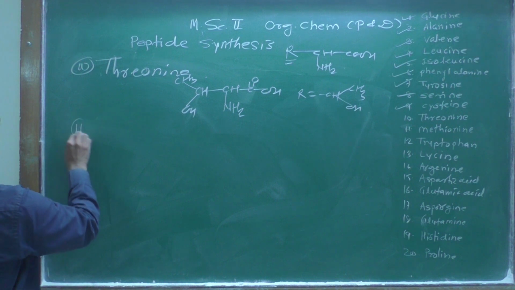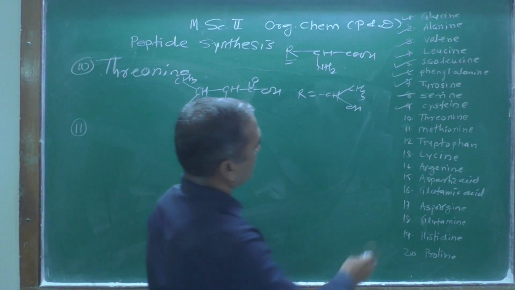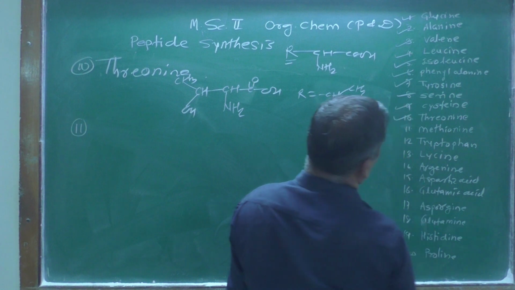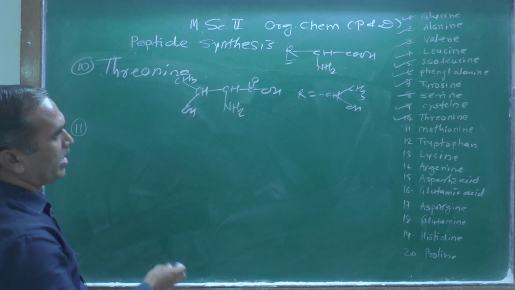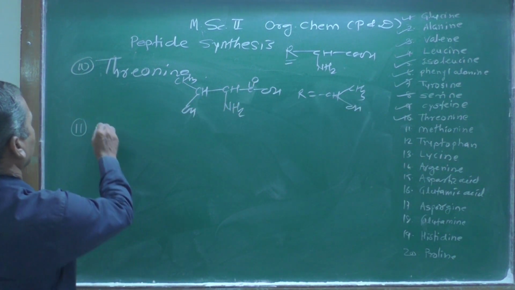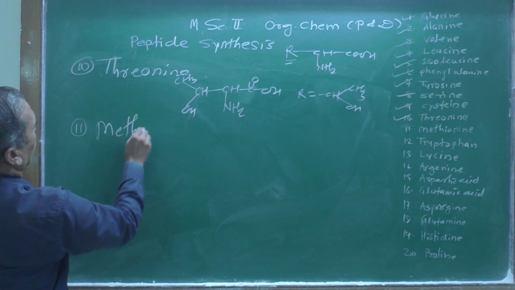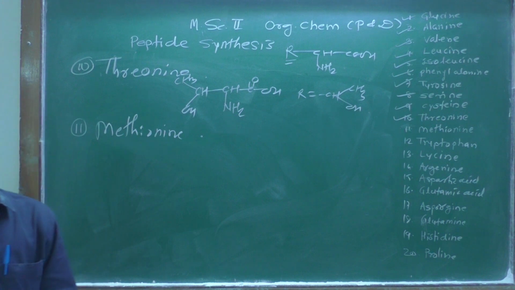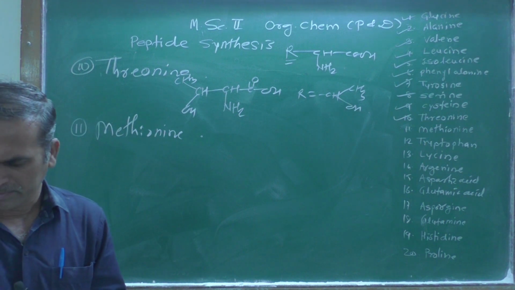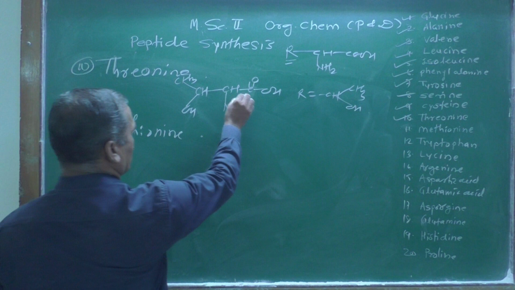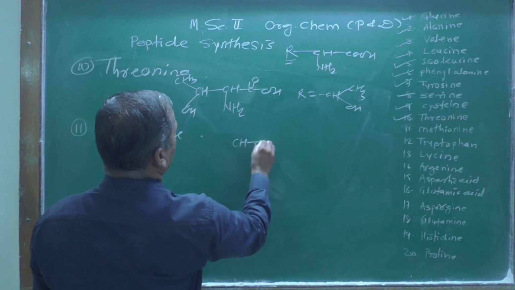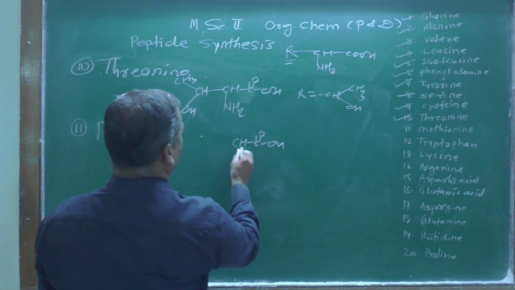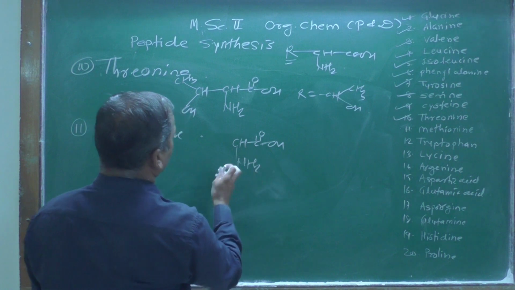Now the 11th, threonine we have seen, that is methionine. The structure of methionine will be this one. This part remains as it is, CH, C double bond OOH, then NH2.